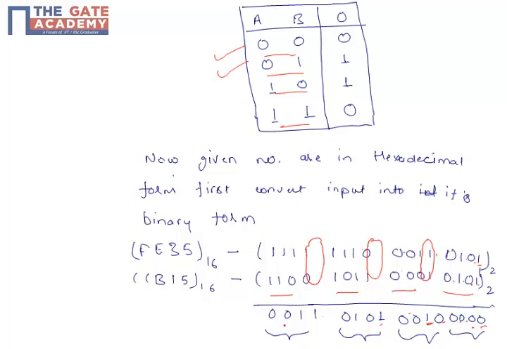Now, to get our output in hexadecimal form, we will convert it from binary to hexadecimal. To convert a binary number to hexadecimal, we take 4 bits together from the left hand side and represent them as a hexadecimal digit.